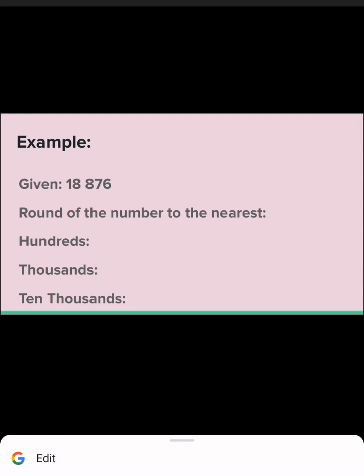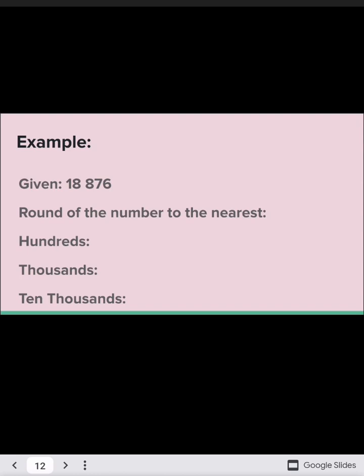So that will become 2, and all the numbers to the right will become zeros. So if it's 2, 0, 0, 0, 0, we are getting 20,000. So if we're rounding off to the 10,000th place, the answer is 20,000.